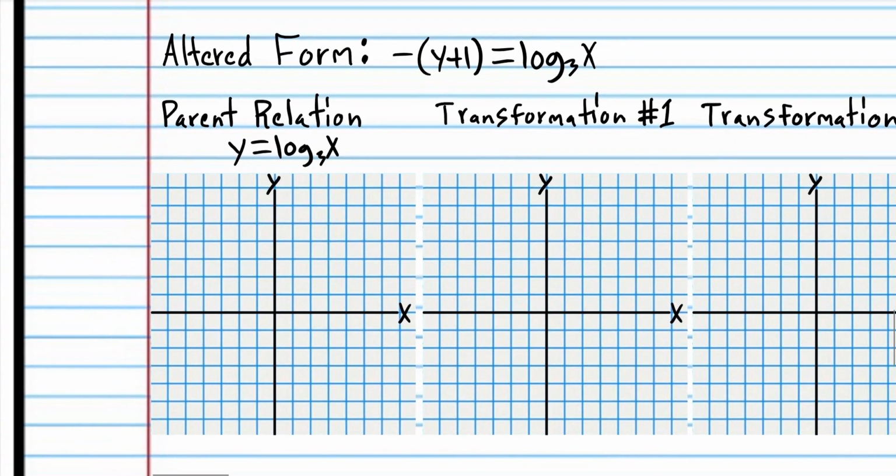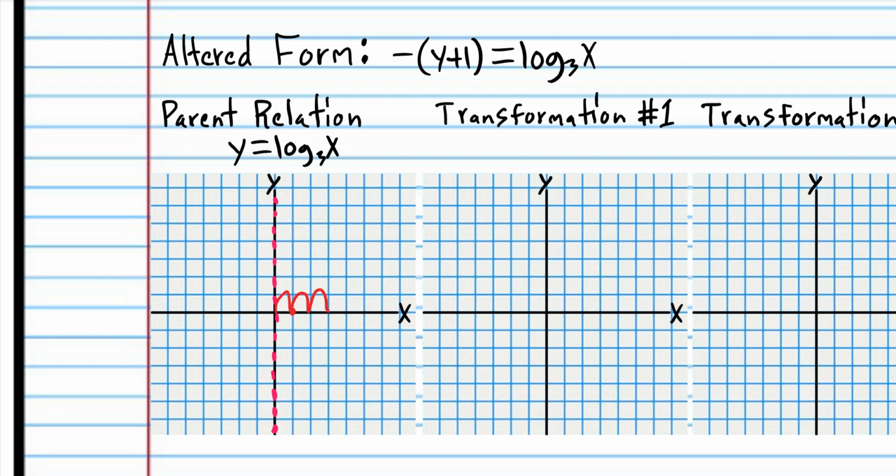There's always a vertical asymptote when dealing with the parent logarithmic relation. And remember, if you plug in 1 to a logarithm, you always get 0, and if you plug in a number that's the same as the base, in this case 3, you always get 1.